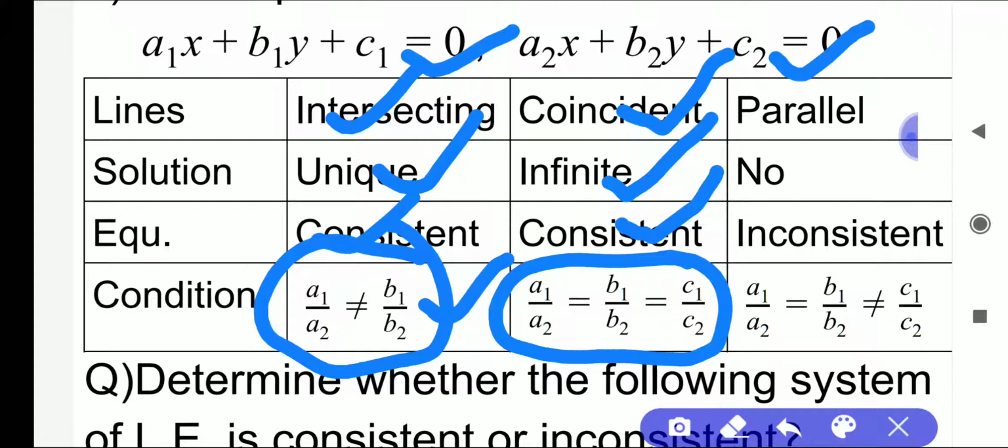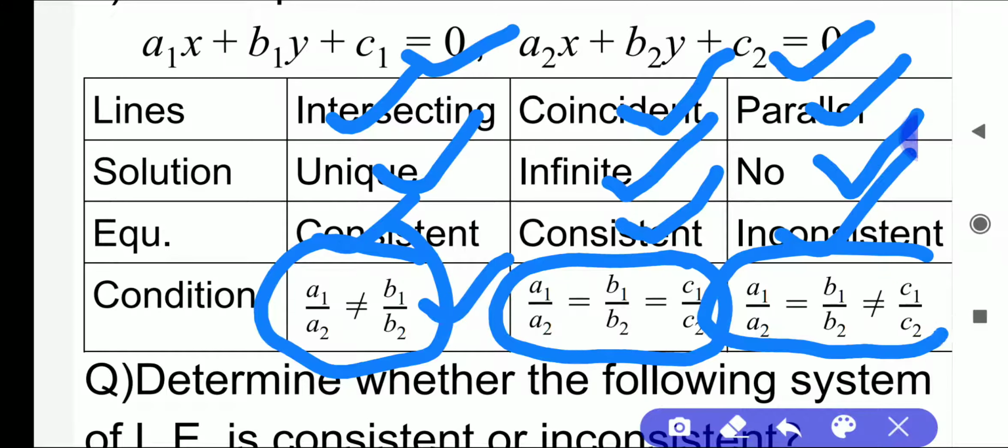Now lines are parallel. That means they have no solution. So the equations are said to be inconsistent. The condition for it is a1 by a2 is equal to b1 by b2 not equals to c1 by c2.